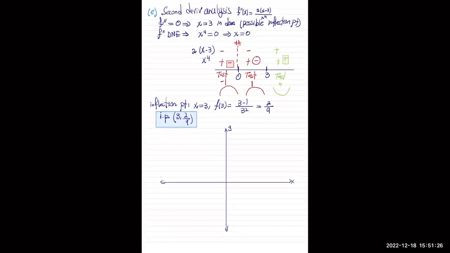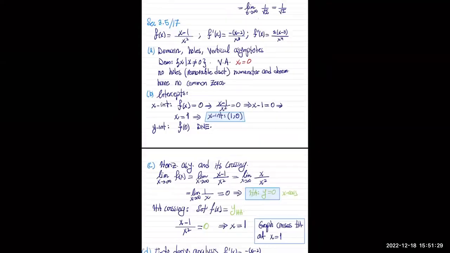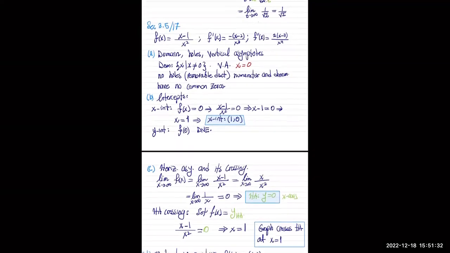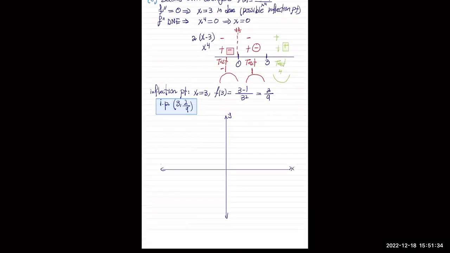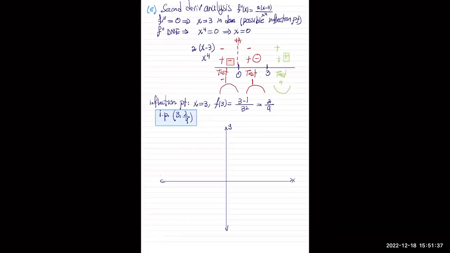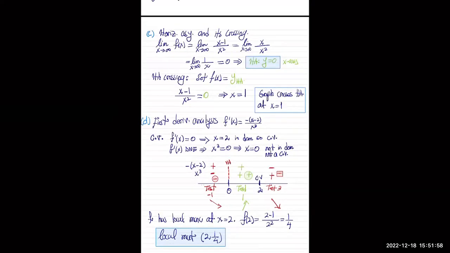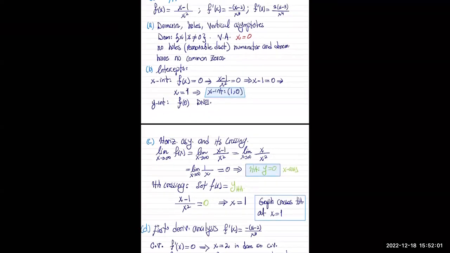Okay, so let's go back to part A. Part A, we have our vertical asymptote only, no holes at x equal to 0. X equal to 0 is the y-axis. Basically, y-axis is acting as an asymptote. All right, part B, we have our intercept. Intercept is happening at 1, 0 only.